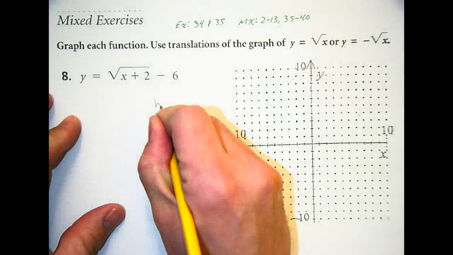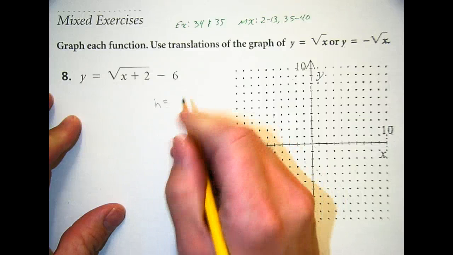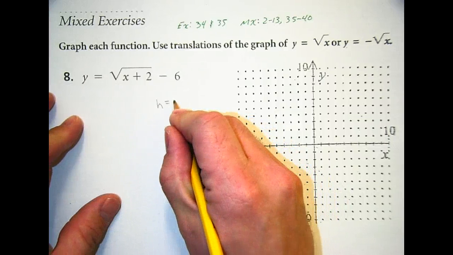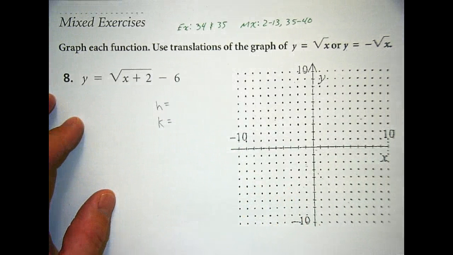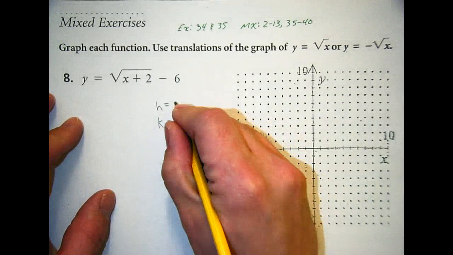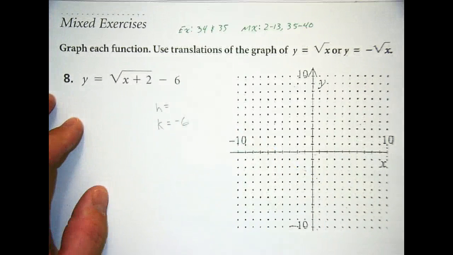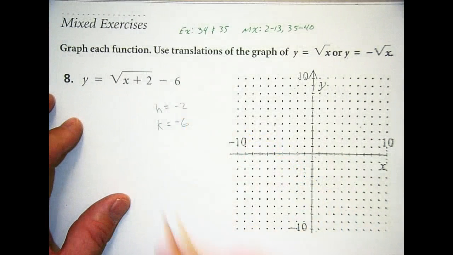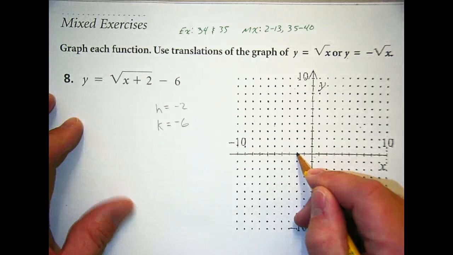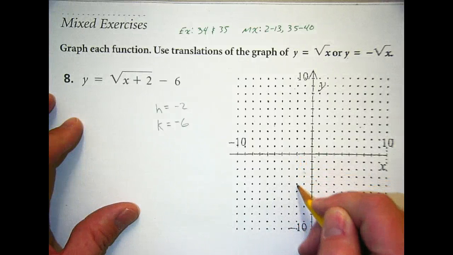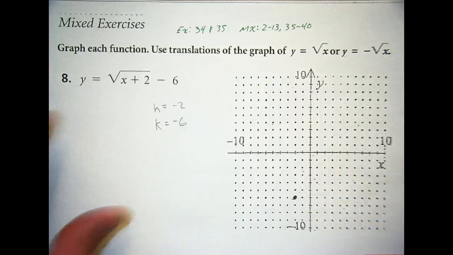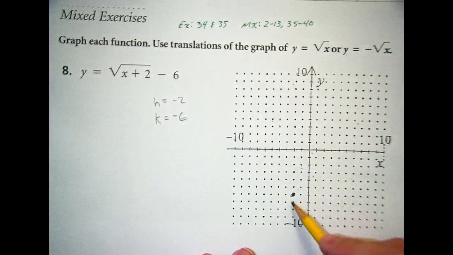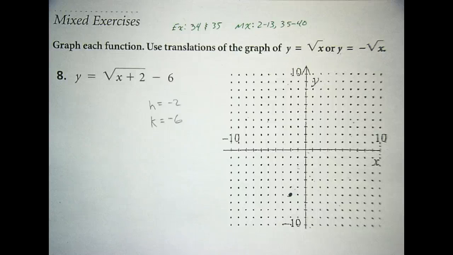I'm just joking. H is what? Oh, H. K is? 6. Okay, K is -6. What's H? -2. Thank you. All right, it's a positive, so it should be going up on the y-axis.